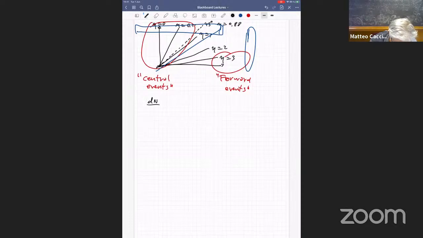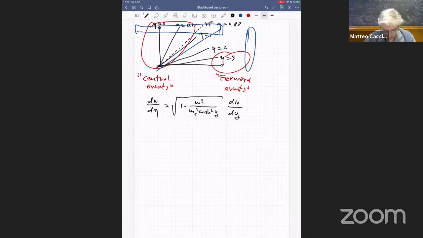So if you look at a distribution in terms of eta, then there is this Jacobian, 1 minus m squared divided by mT squared cos squared y, times dN over dy. This is another exercise that you can try doing: evaluate this Jacobian that relates distributions in the two different variables.